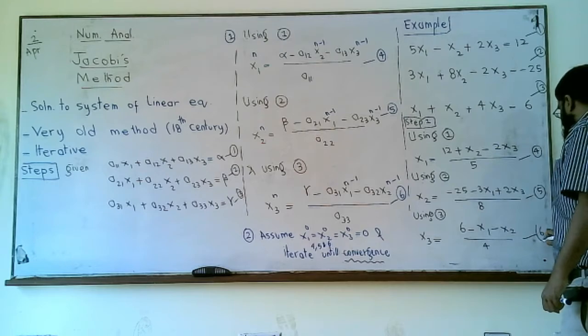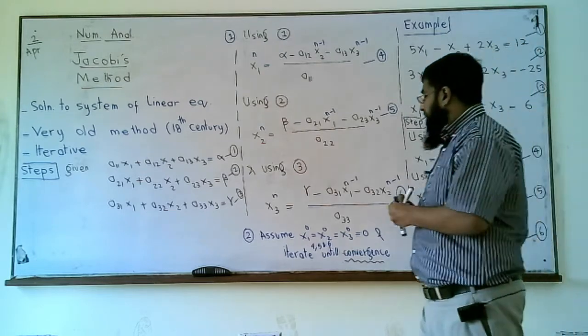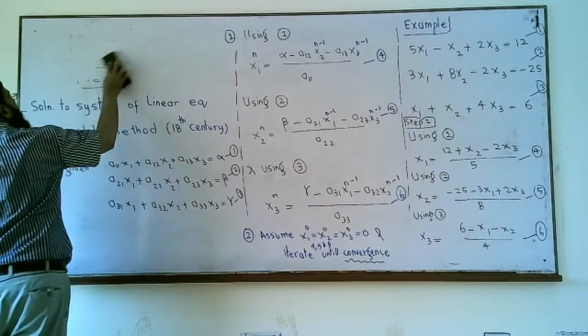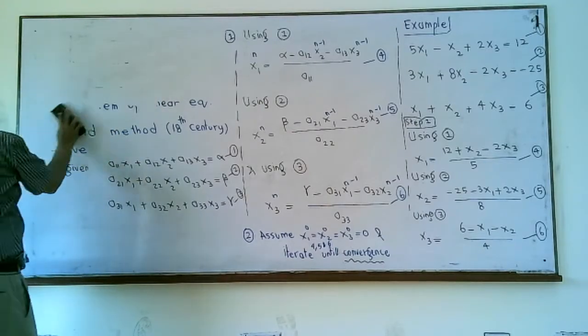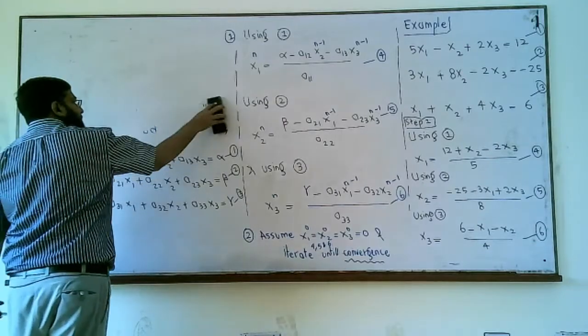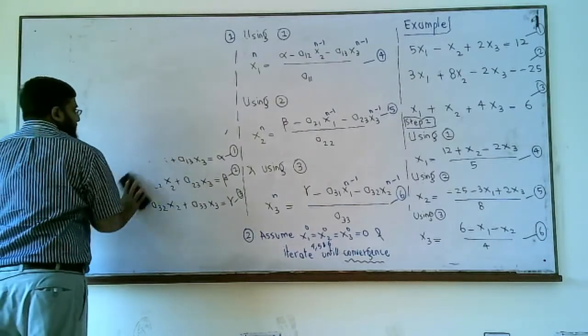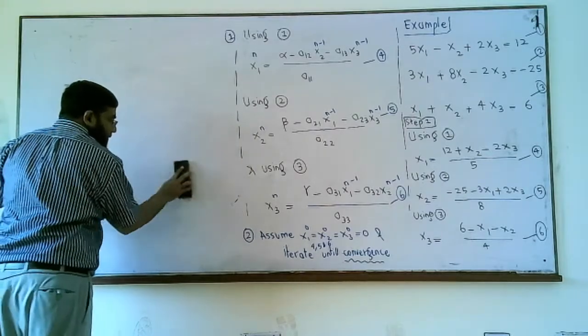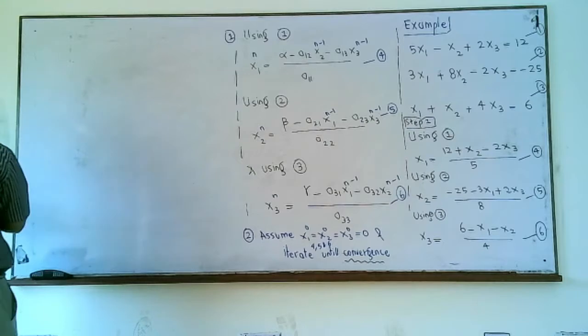and we can iterate. We can assume a starting point where x1, x2 and x3 are 0, and now we can iterate through them to find new values of x1, x2 and x3 until we converge.